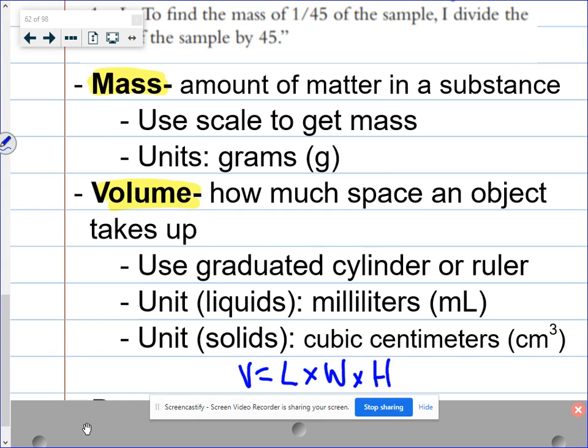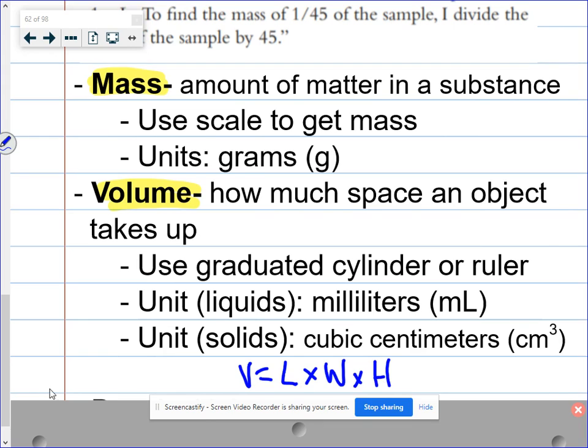Like I said, you're probably familiar with that equation. Go ahead and write that down underneath the cubic centimeters. So that's where the volume or the cubic centimeters comes from. When you have a number and it says 45 cubic centimeters, it came from some formula like this.